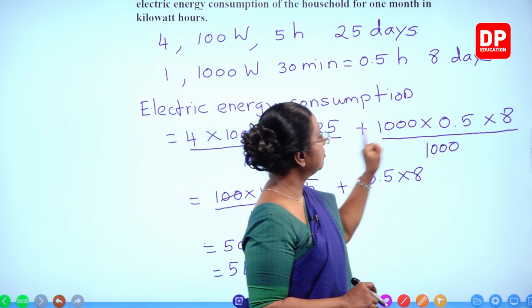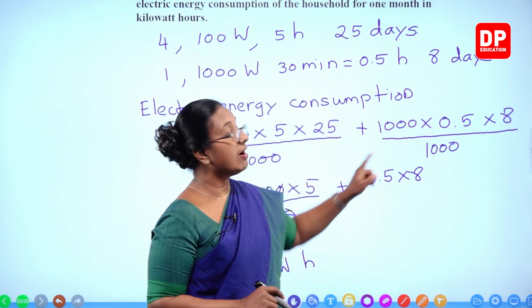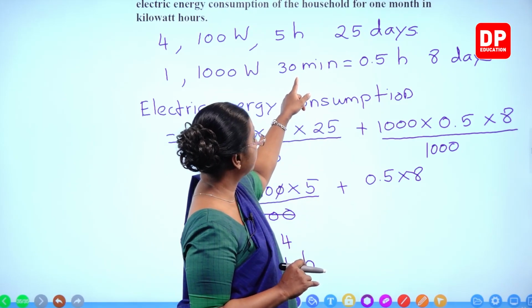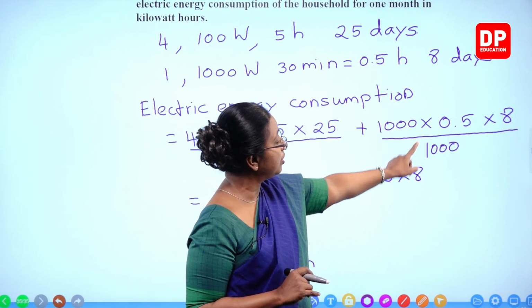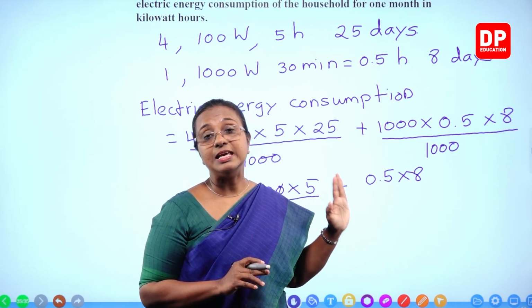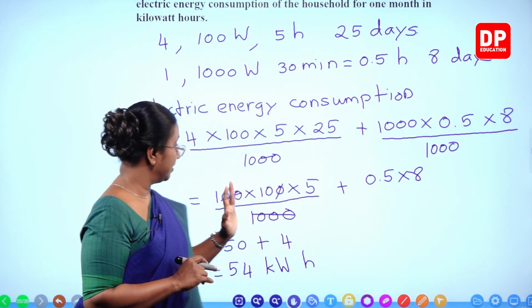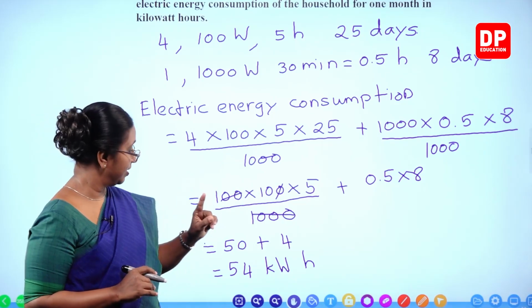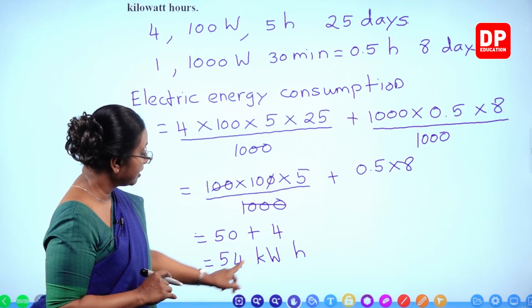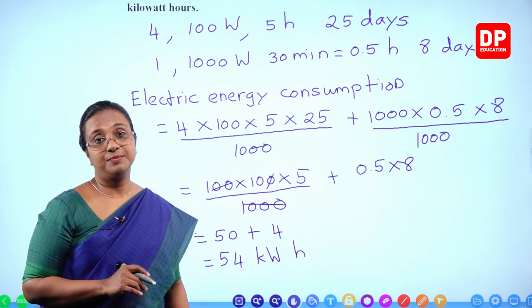Instead of this, you can even write 30 divided by 60 there, whatever is convenient for you all. You can do the conversion here and substitute, or show the conversion there, but it has to be in hours. Time has to be in hours and kilowatt hours. So when you simplify, you get the answer as 54 kilowatt hours.